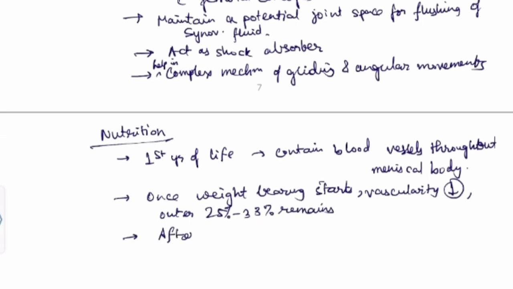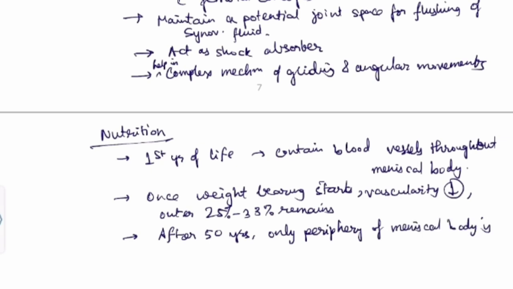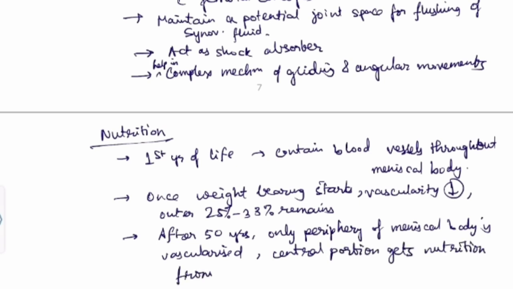After 50 years of age, only the periphery is vascularized. Periphery of the meniscal body is vascularized. Central portion gets nutrition from synovial fluid.